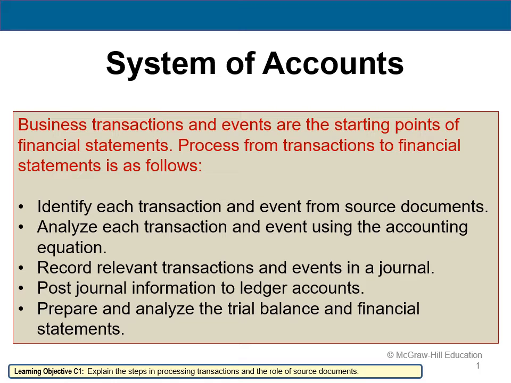Building on what we learned in chapter 1, business transactions and events are the starting points for financial statements. You may recall from chapter 1 we talked about identifying each transaction, and the example on the slides was, Apple sells an iPhone.